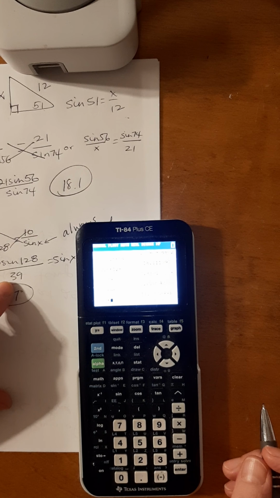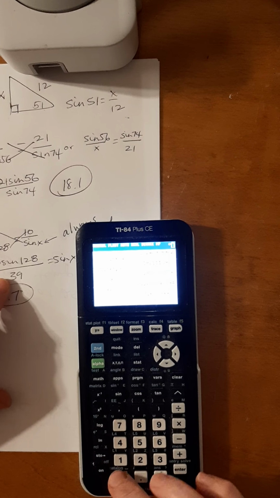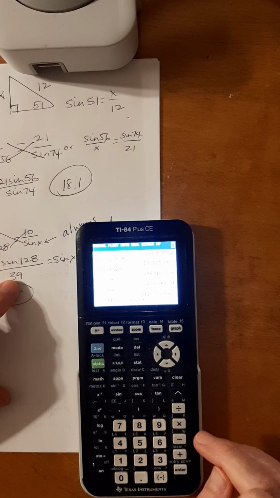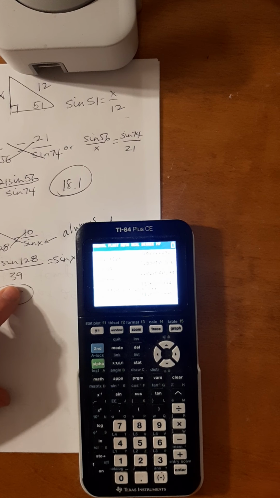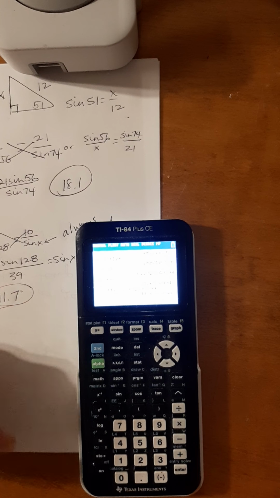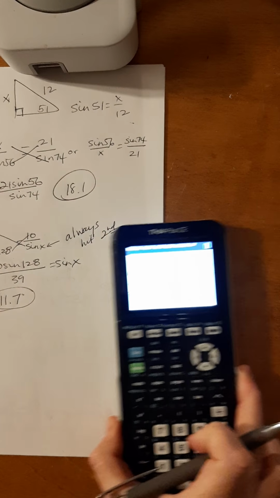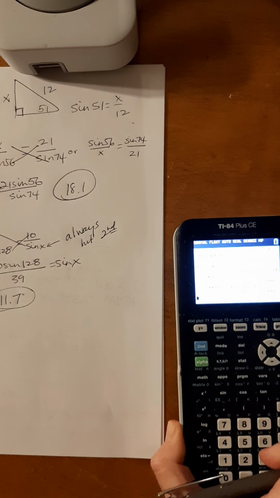You could say second, we can try it. 10 sine 128, close parentheses, divided by 39. Let's see. Looky there. So a little bit more brain power. To me, I would just rather do the math than hit second sine, second answer. But obviously, either way, you get the same answer.